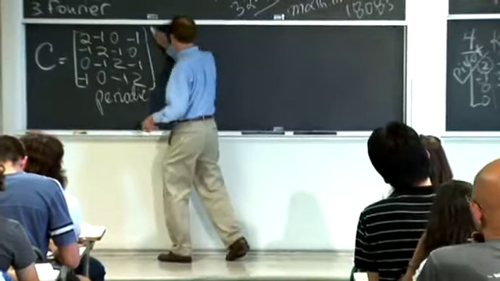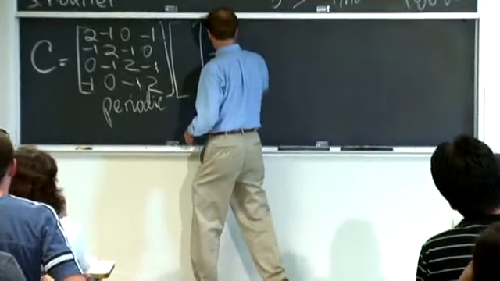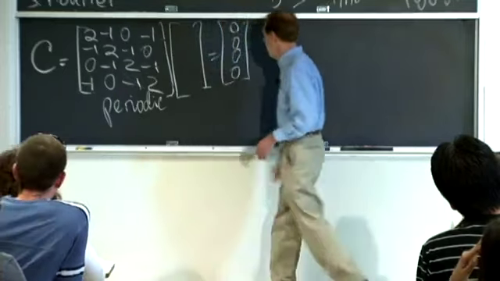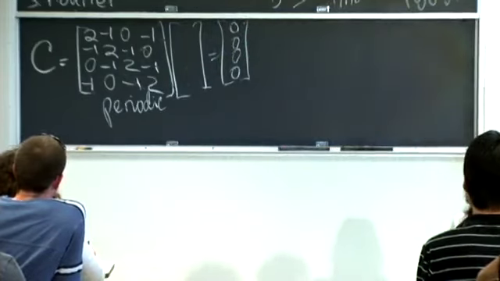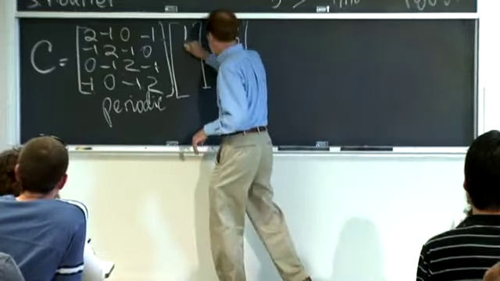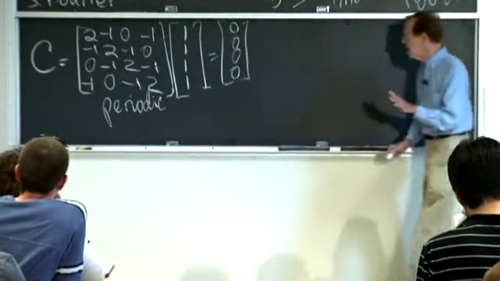I'm looking for a U with 4 entries so that I get 4 zeros. You see it? All ones. All ones. That will do it. So that's a nice, natural entry, the constant.